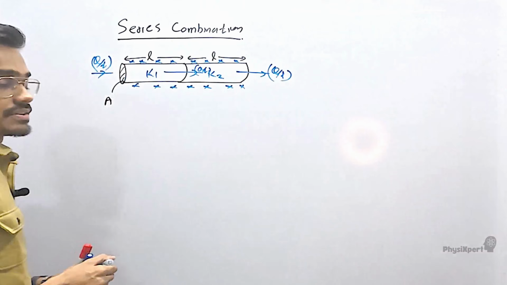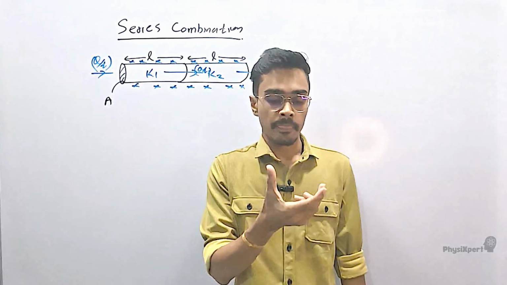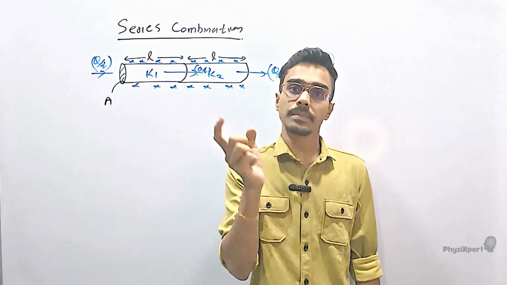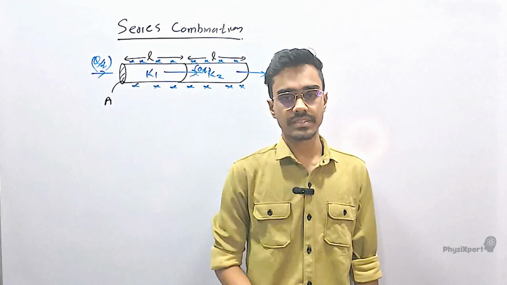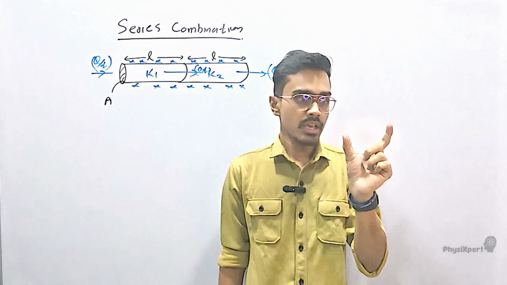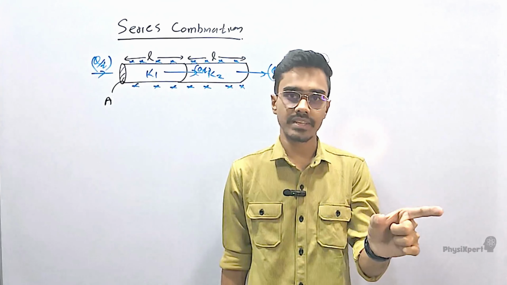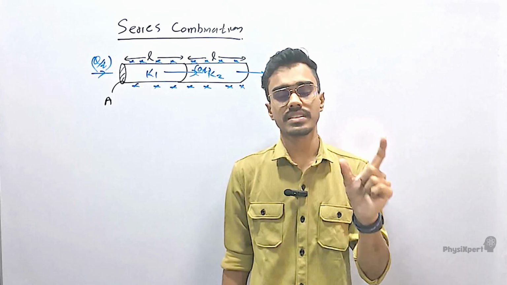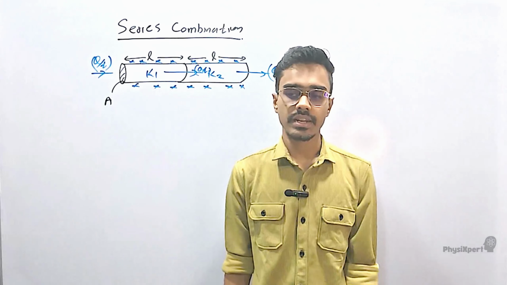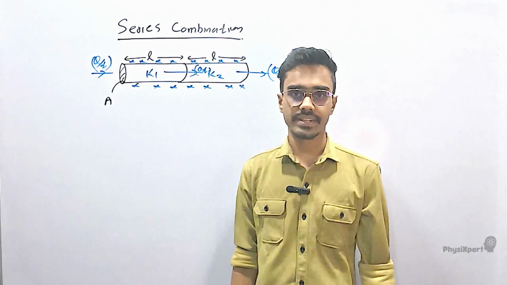Now, the equivalent should be a single rod to replace these two. As I told you in the previous video, the equivalent should do the same thing which was done by the system single-handedly, and it should replace the system as a single unit.